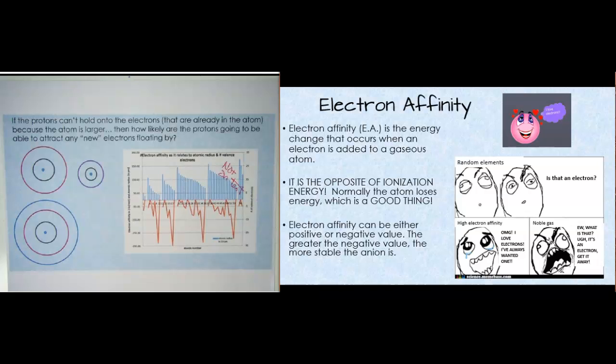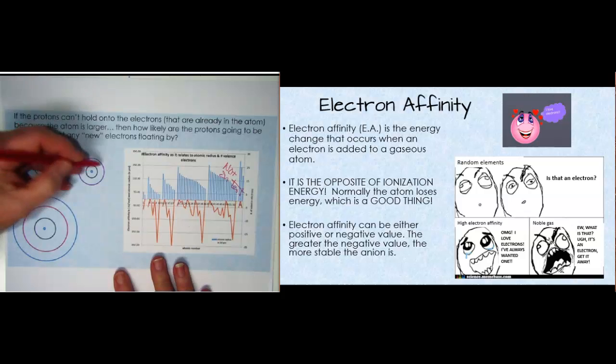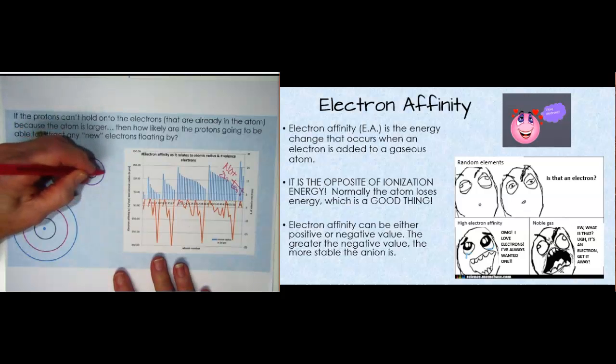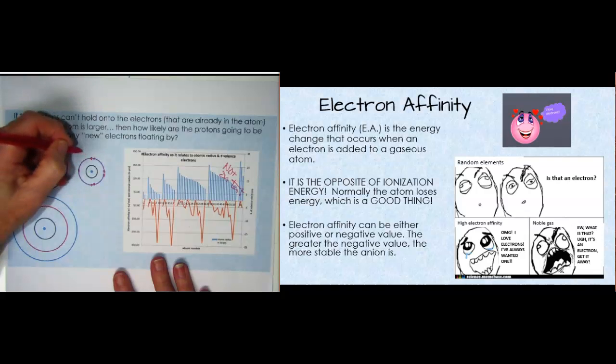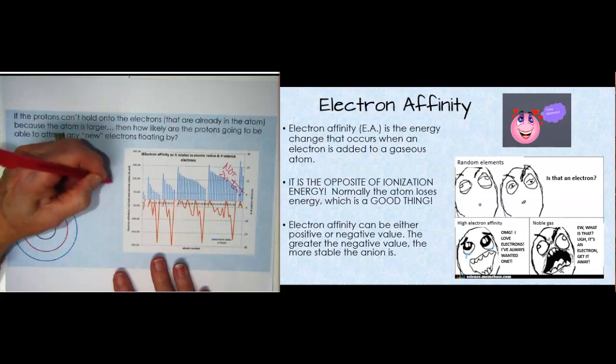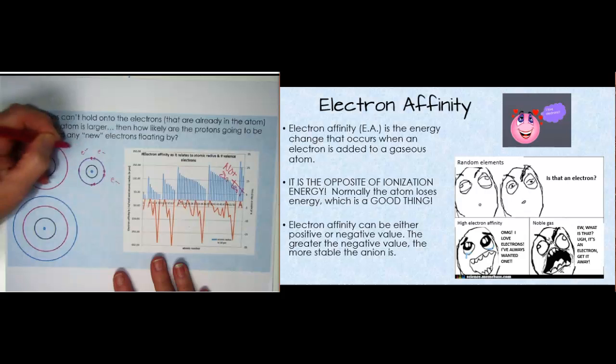All right. Electron affinity is the opposite of ionization energy. All right? It is the energy change that occurs when an electron is added. So the idea is if you've got this guy over here and he's got all of these electrons, he's big because there's a lot of electrons there. There are electrons floating all around all of these guys.